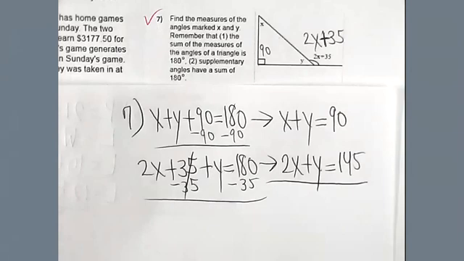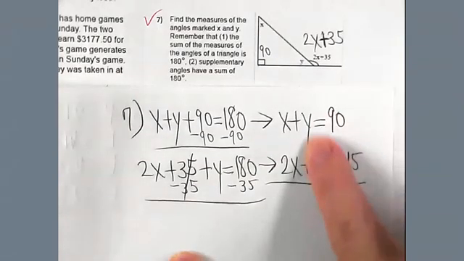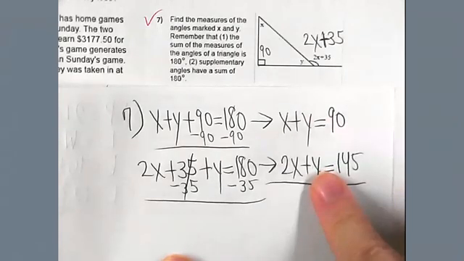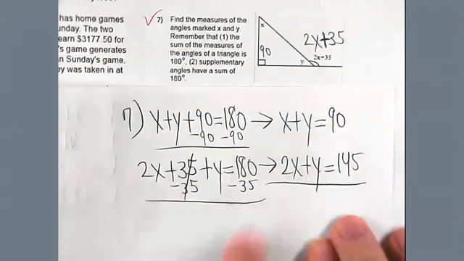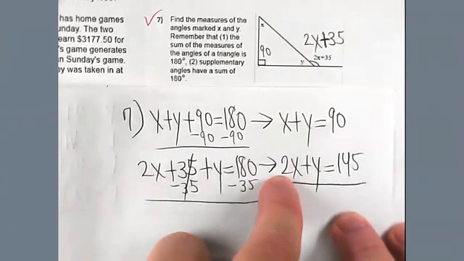You could use substitution to solve this system. I'm going to rely on elimination because for the y's, they have the same term, but we need them to be opposite signs. So one of these y's has to be negative in order to cancel them out. It does not matter which equation you multiply negative 1 by.